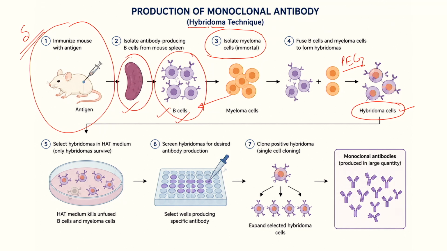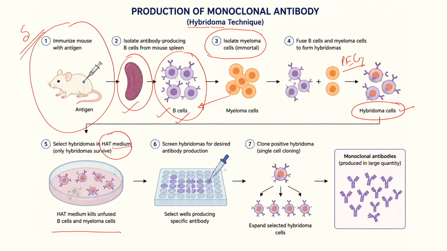For that we need to use a media called HAT media. The biology of the HAT media I will explain in the next slide, but for the time being just try to get an idea that HAT is a selective media. It's a very, very selective media which stands for hypoxanthine, aminopterin and thymidine. So this is a mixture where only hybridoma cells can survive, and both the myeloma cell and the B cell which are coming from a splenocyte, we can call it splenocyte, they all will die.